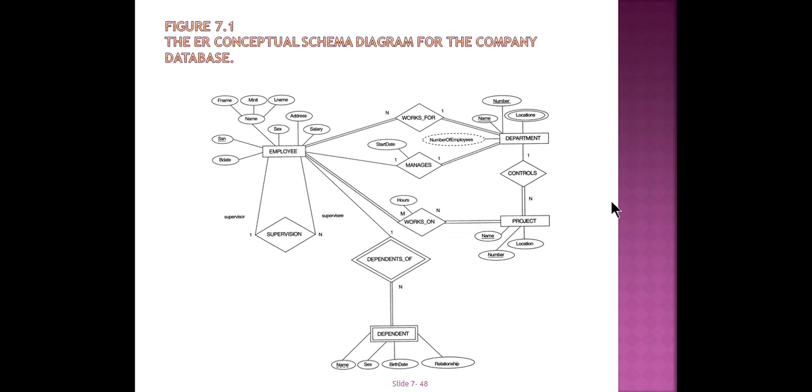If there are any other ternary relationships, for ternary relationship also you have to create a separate relation and include all the primary keys of the participating entity sets to form a separate table, right? So if you follow these 7 steps, you can easily convert the ER diagram into a relational diagram.